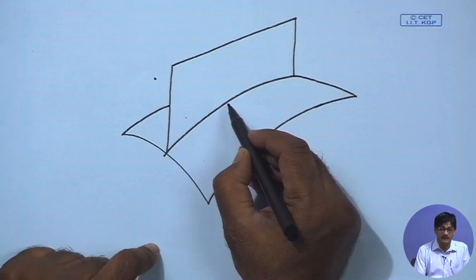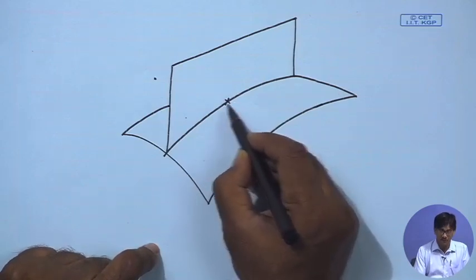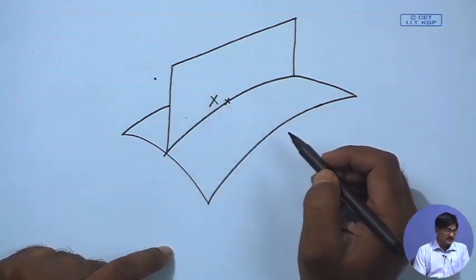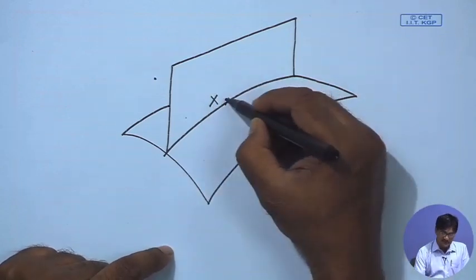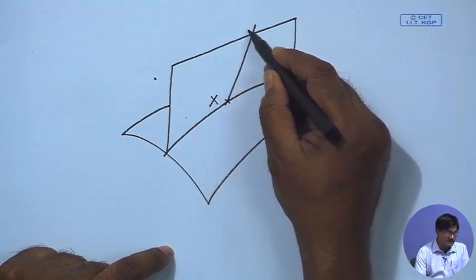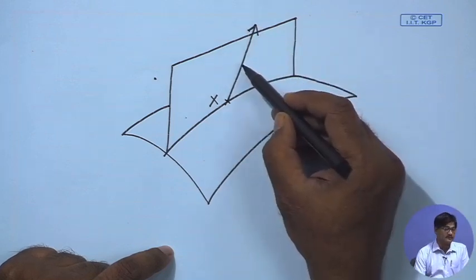And this point is point x. And we are saying that the freeform surface is having a normal at this point, which is not contained in the vertical plane. So, it is away from the vertical plane.